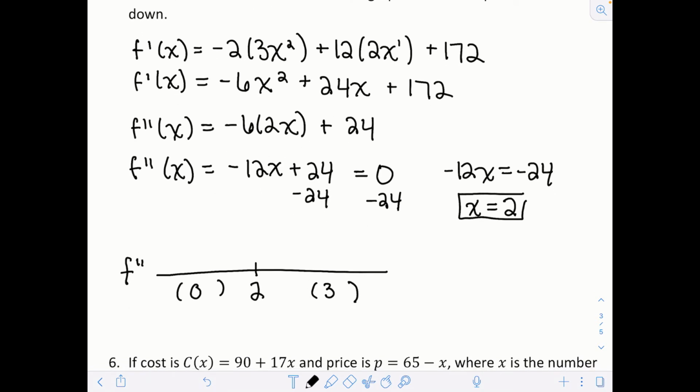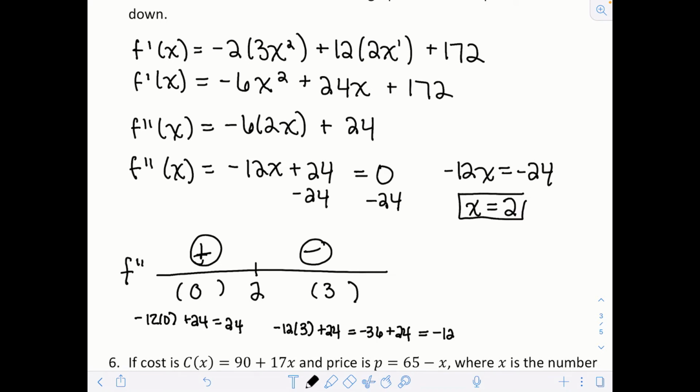So here, let me say if I plug in 0, I have negative 12 times 0 plus 24, which is 24. That's positive. So it's concave up on that interval from negative infinity to 2. And now let's check the point 3. Negative 12 times 3 plus 24. And here we see we're going to get a negative answer. So it's concave down on that interval.